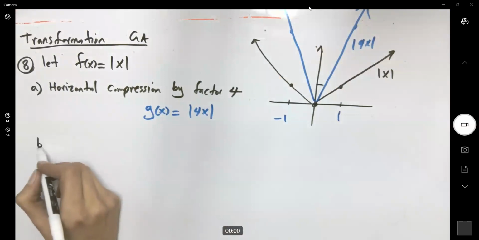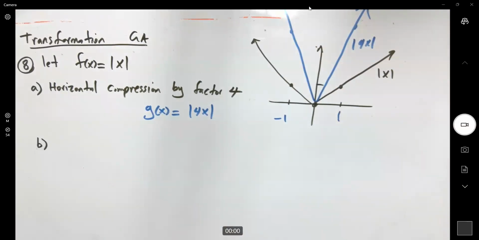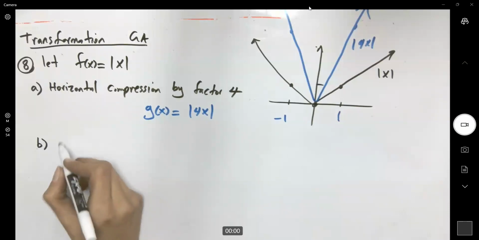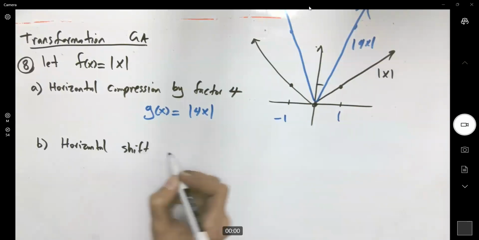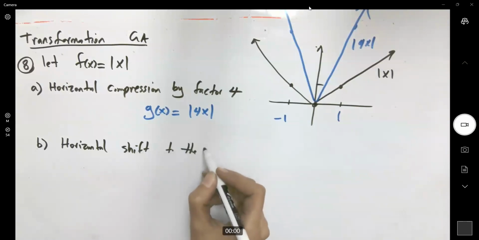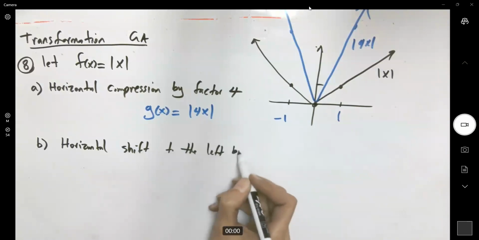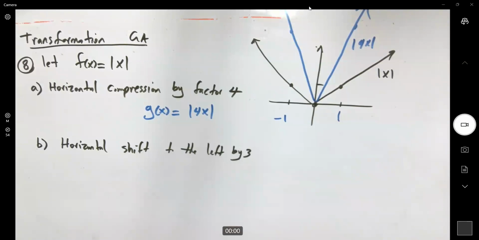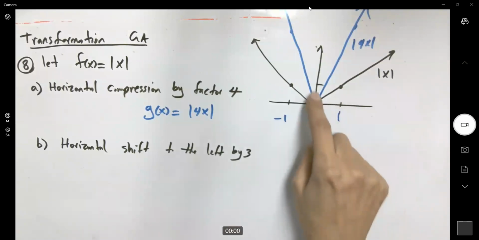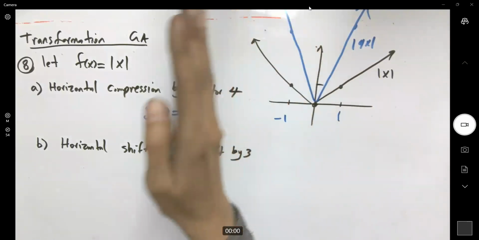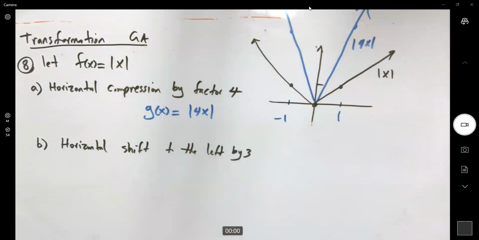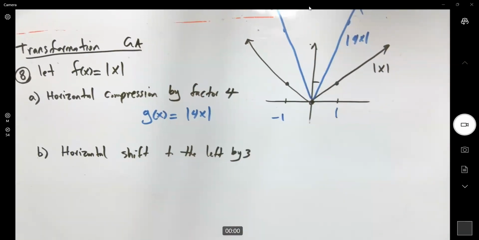Then the second step says, horizontal shift to the left by 3 units. So again, what I'm doing, I'm taking this graph and I try to shift it 3 units to the left-hand side.